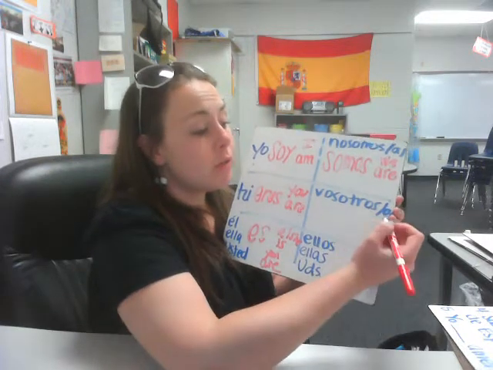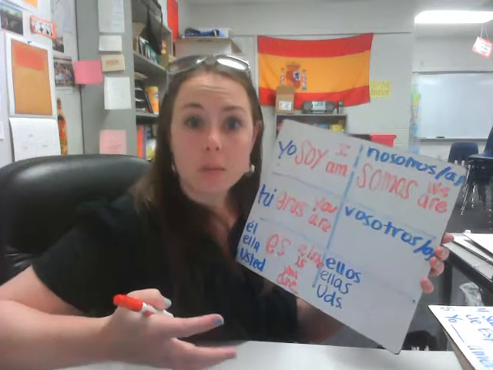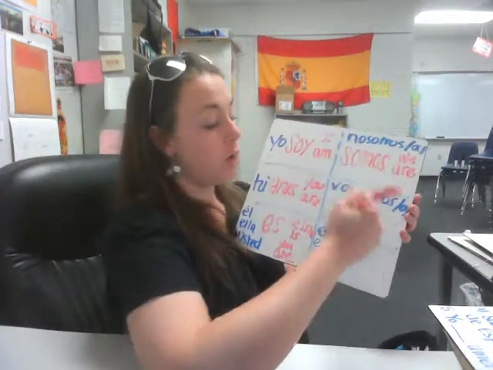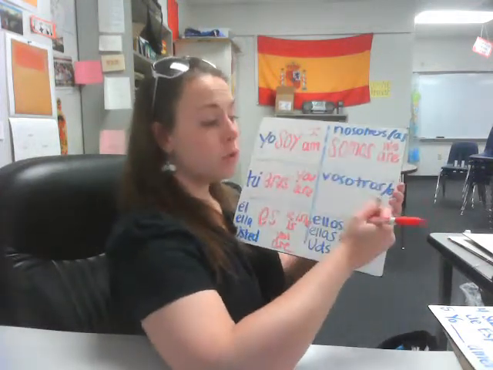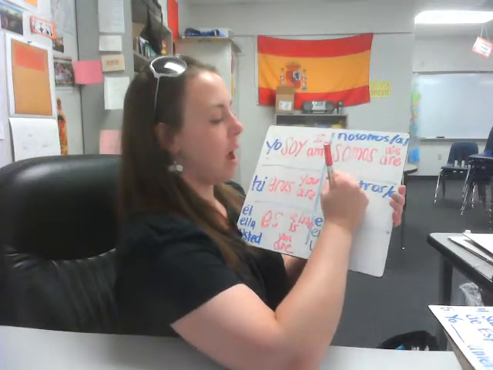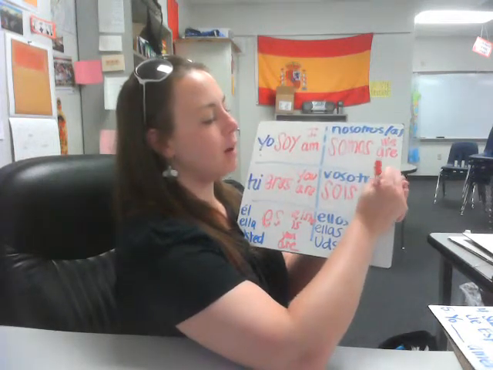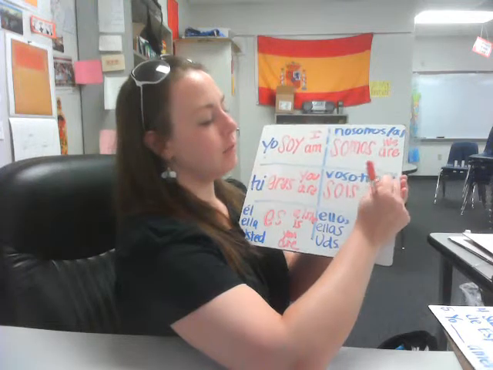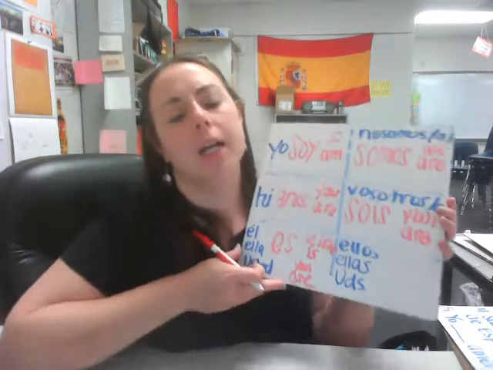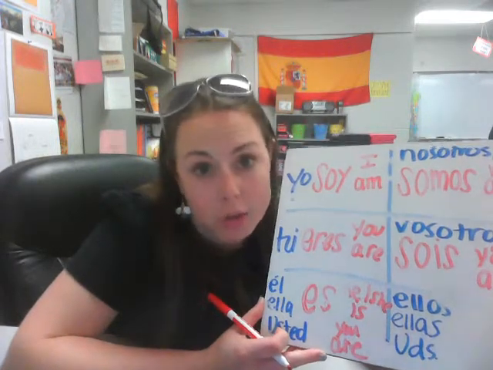The vosotros and vosotras form, again, you don't have to use it, but you need to recognize it. So you should know and write this down that the vosotros form of ser is sois, S-O-I-S. And that's like saying y'all are. Like if I was going to say y'all are tall, then I would say vosotros sois altos.